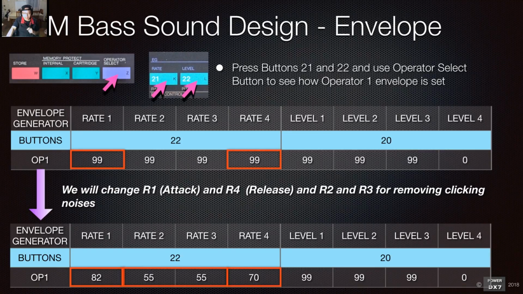I think there's probably a bug in the envelopes, and the only way to get rid of that clicking noise is to put rate 2 and rate 3 lower than 99, like 60 or 50. You keep level 2 and level 3 the same, equal at 99, and then you can remove the clicking noise. So if you want a slower bass sound without a clicking noise, you can set your envelopes like that.